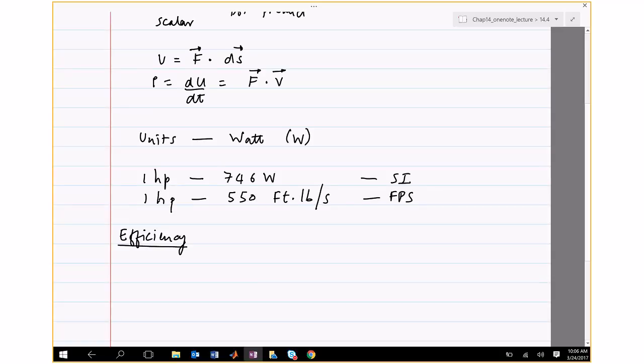The other thing is efficiency. We will denote it by epsilon. Epsilon is the output power over the input power, P out to P in.